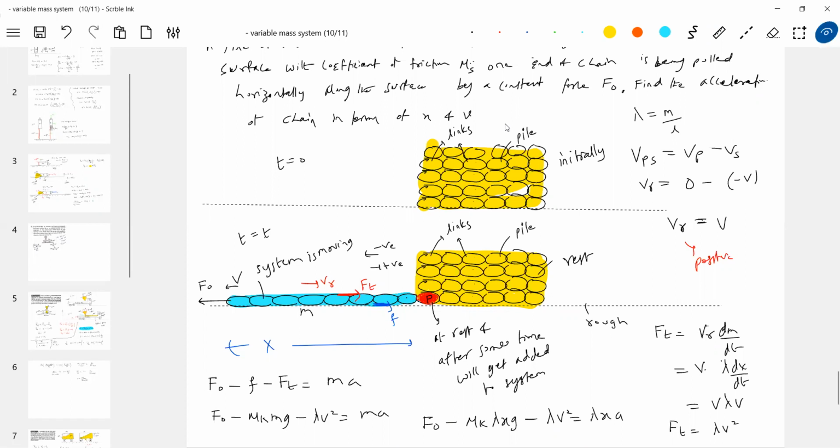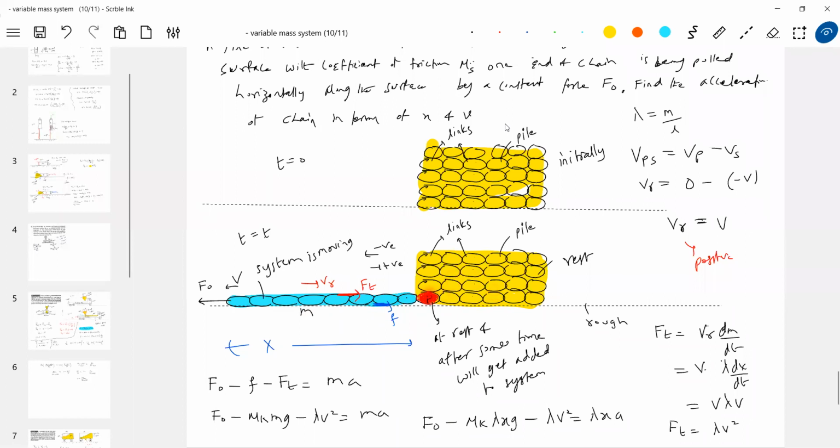So you look at this particular pile now. The moment mass gets added, what will happen? It was at rest, then comes into motion. So will there be any thrust force on the pile? Instead of this as the system, let me take this as the system.